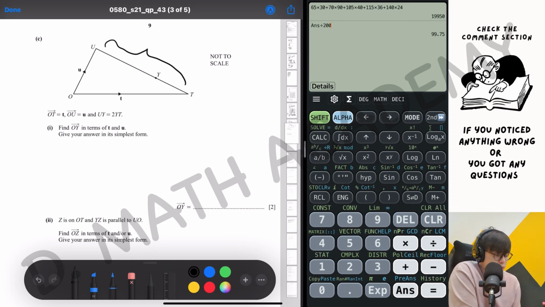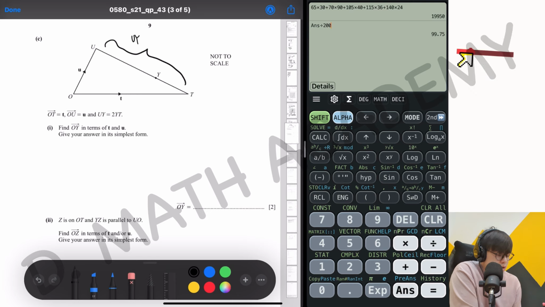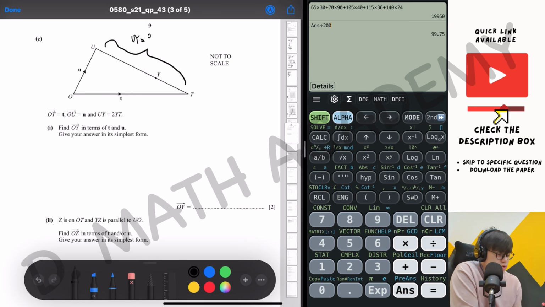So your UY here is actually 2 out of 3 of your UT, while your YT there is actually 1 over 3 of your UT. This is what you get by deriving from it.